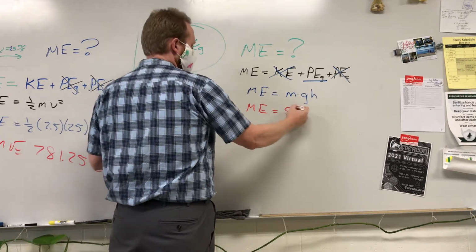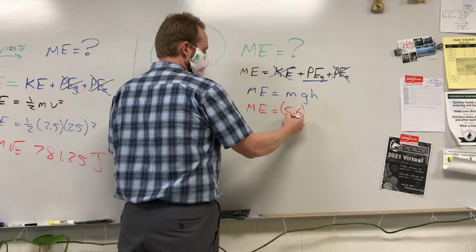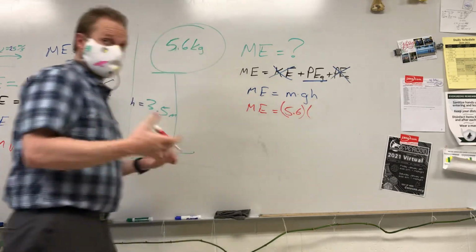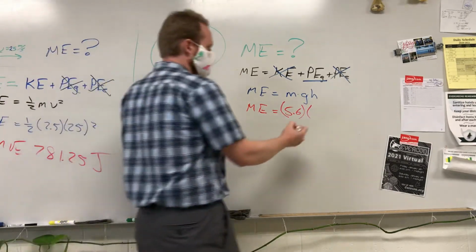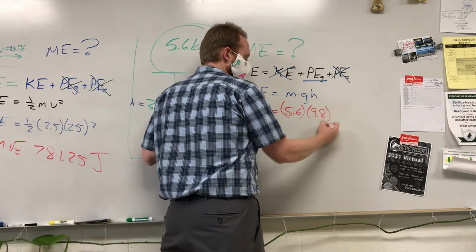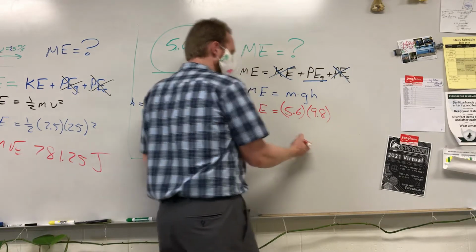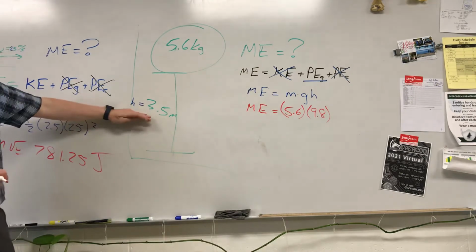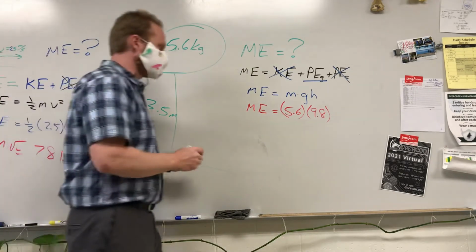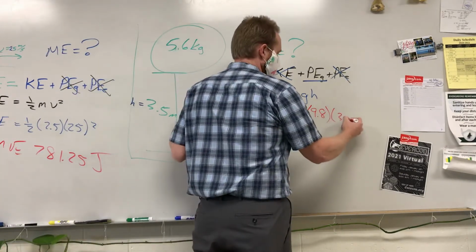The mass of my ball is 5.6 kilograms. The gravitational acceleration, we're on Earth, unless I tell you otherwise, is 9.8 meters per second squared. The height, 3.5 meters off the ground, is 3.5.